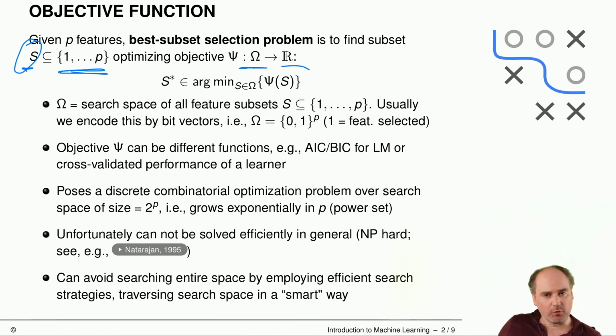And we have also already discussed the relevant choices for that. So either this is going to be something like my validation error, cross-validation error under a certain performance metric, or it's going to be some in-sample error like training error or AIC or BIC.